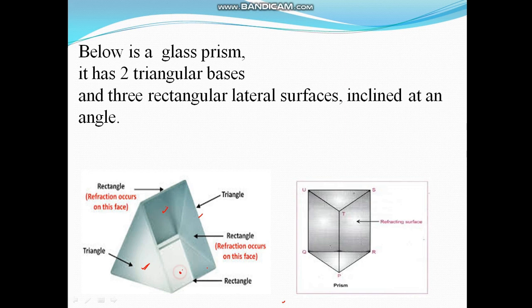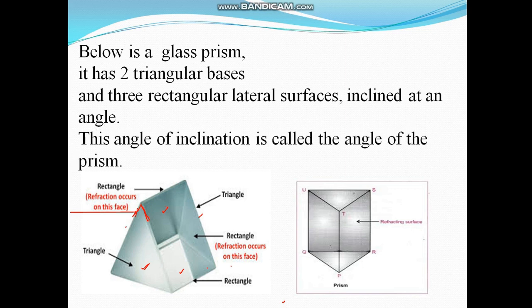At the bottom it is rectangular, and on this side it is rectangular, and these rectangular faces are inclined at an angle. So the angle of inclination is called the angle of the prism, and this is always represented by capital A, the angle of prism.